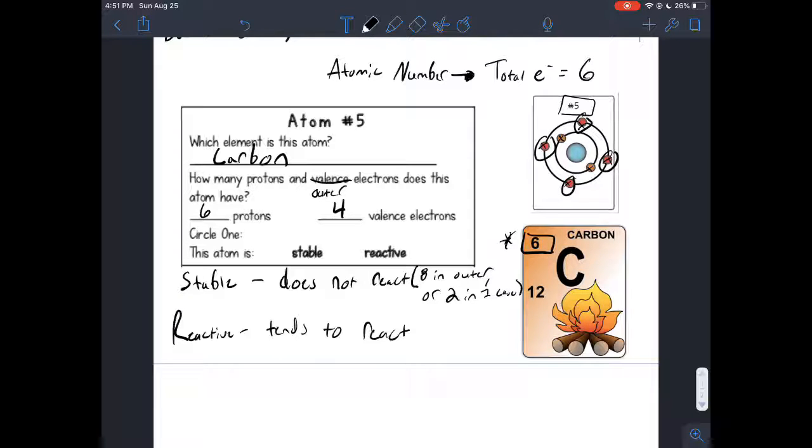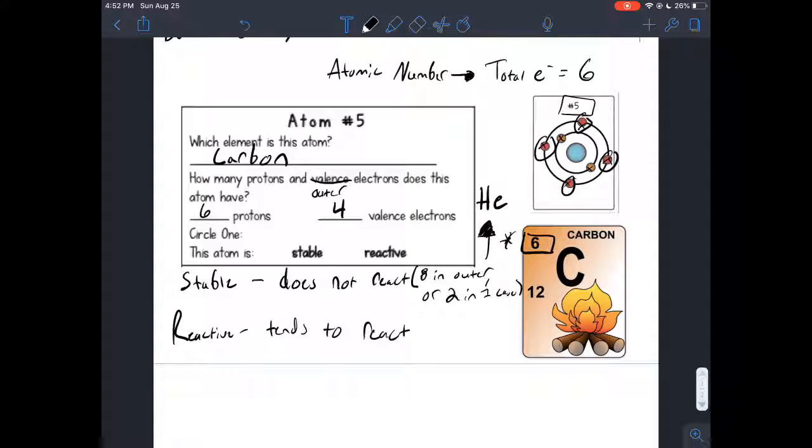So if something is stable, it means it has 8 valence electrons, except for if something has only 2. There's one case where an element with 2 valence electrons is stable. That's helium, because you will see in the picture, its outer shell is the very first shell. It's that motorcycle, so there's only 2. That's the one exception. Otherwise, if there are 8 valence electrons, it's stable.